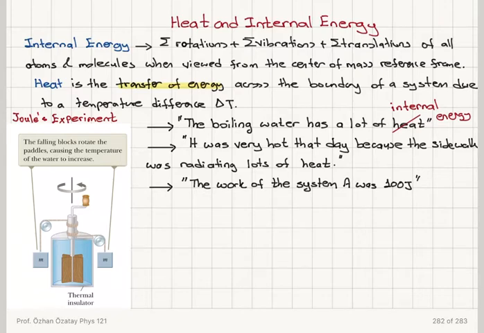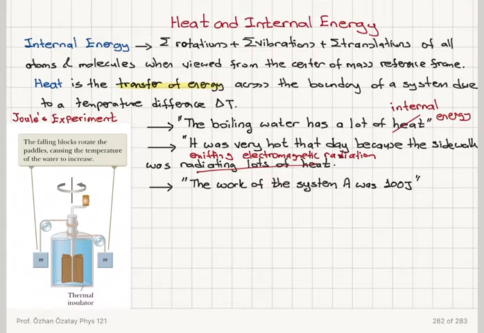And therefore we cannot say the sidewalk was radiating lots of heat. We can say the sidewalk was emitting electromagnetic radiation. The sidewalk was too hot, the temperature was too high, therefore it was emitting lots of electromagnetic radiation.